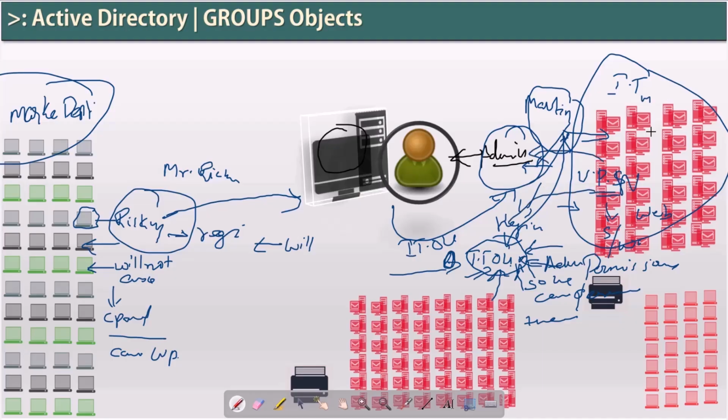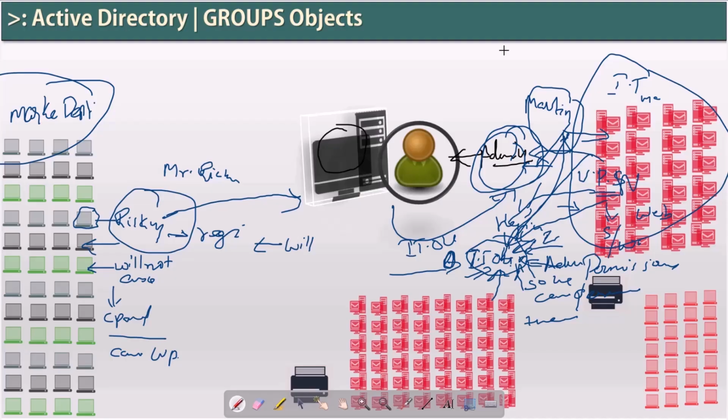So instead of approaching the IT administrator, he can approach the smallest unit, that is, the organizational unit. So the IT OU admin gives him permissions to install applications.